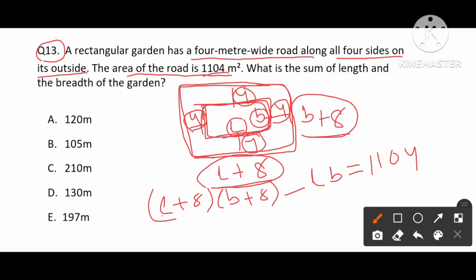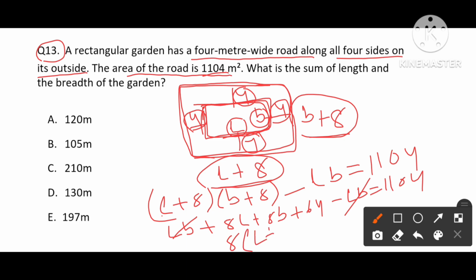So what we have is Lb plus 8L plus 8b plus 64 minus Lb equals 1104. Minus Lb and plus Lb cancel. We have 8 common, 8 into L plus b, plus 64. The 64 goes to this side with minus 64, which means we get the value of 1040.